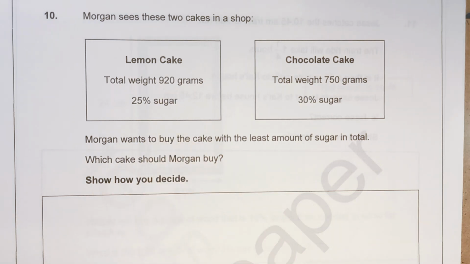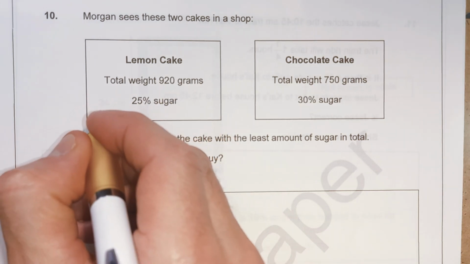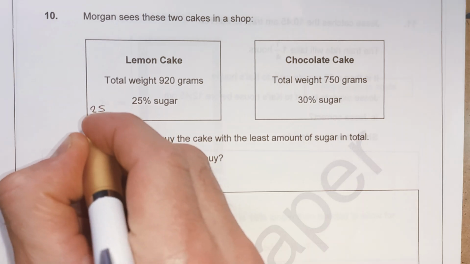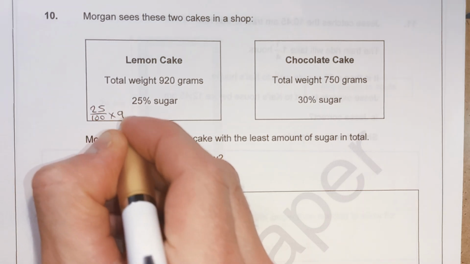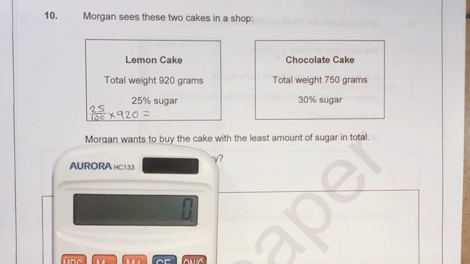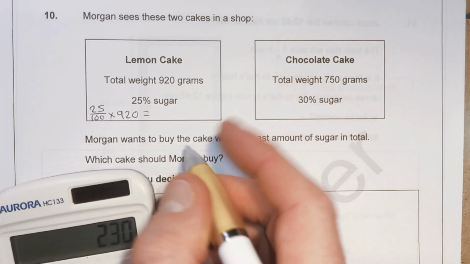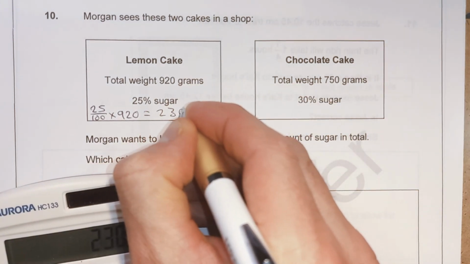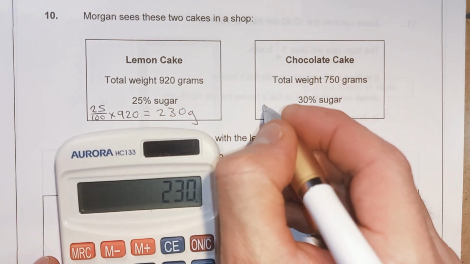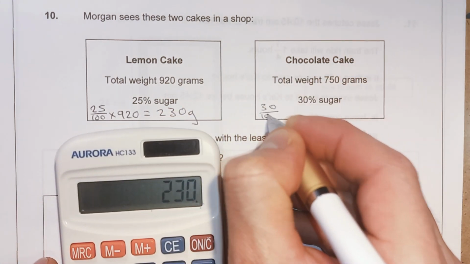Well, if we want to know the amount of sugar in this cake, it's going to be 25%. So 25 out of 100 times 920 grams, which gives us 230 grams of sugar. Now with the chocolate cake, it's 30%, so it's going to be 30 out of 100.